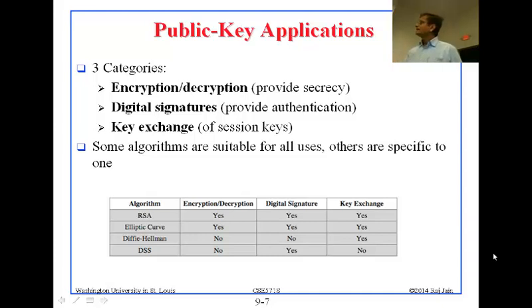Okay? And then the key exchange. So key exchange is, suppose you want to use secret key, how do you send the secret key there? Well, what you do is you use the public key method to send the secret key on the wire. And that's mostly what we do actually. It turns out we don't really use public key for really encrypting messages because it is so complicated. Raising something with this large power is not easy. So we just do it to encrypt the secret key and send it.